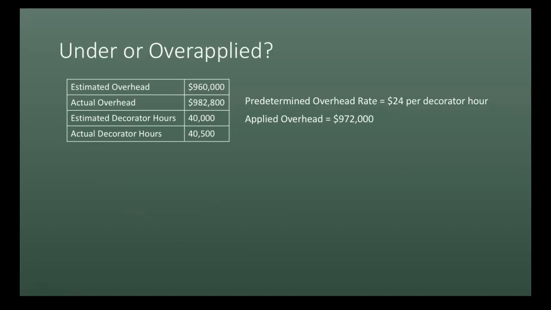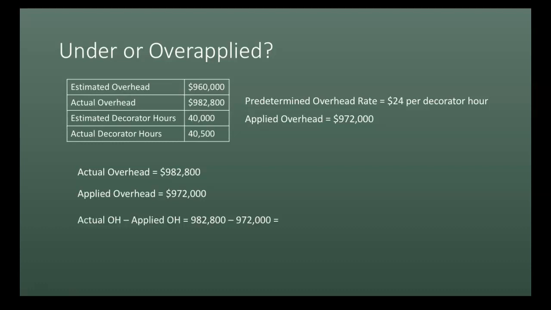Now that we have our applied overhead, we can figure out, was our overhead under or over applied? So we take our actual overhead of $982,800 and we compare it to our applied overhead of $972,000. We'll take the difference to see that it's $10,800.